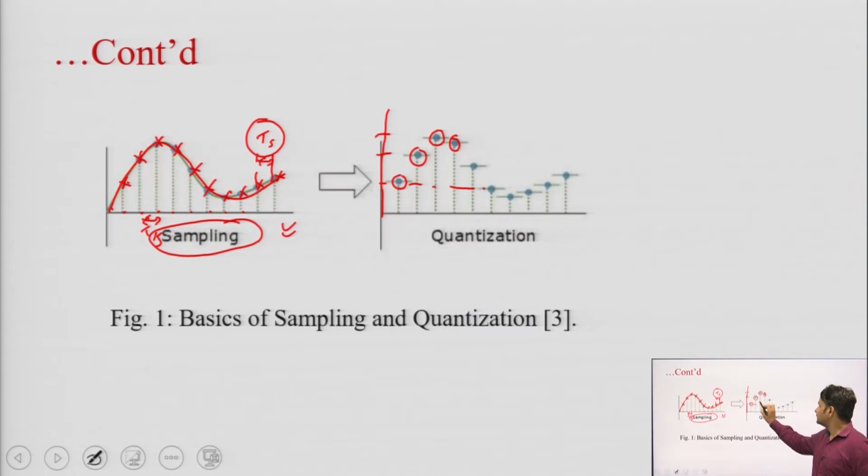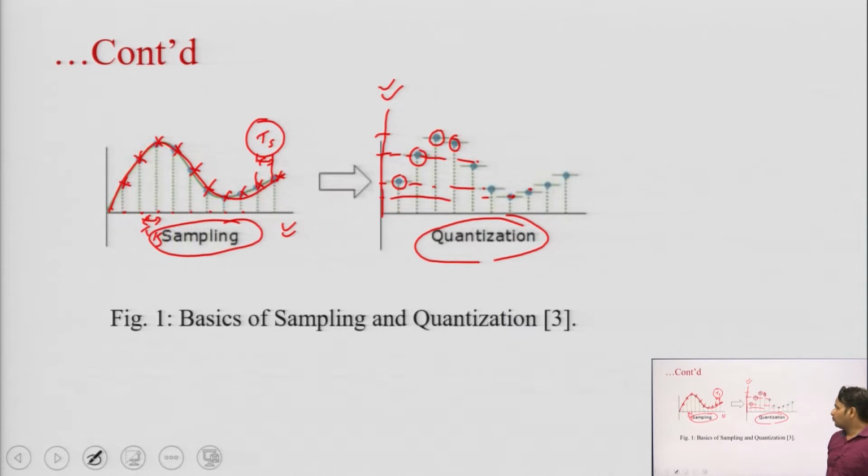Okay. So, see, these are the amplitude values. So, by using these amplitude values, that portion is called quantization. So, both we have to use together, after that you can identify the digital image. Okay. So, that thing is actually useful to identify a digital image from the imaging system.